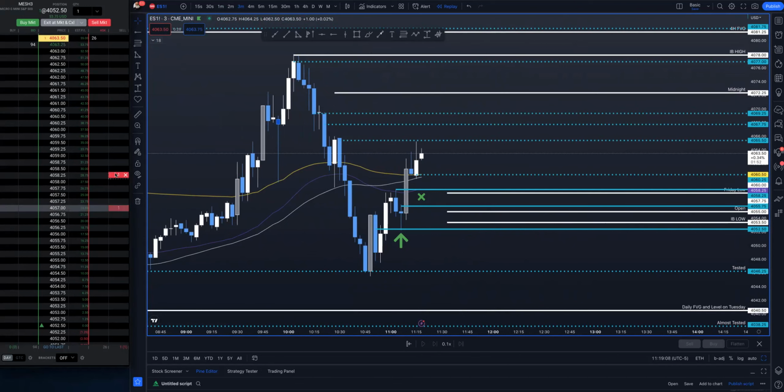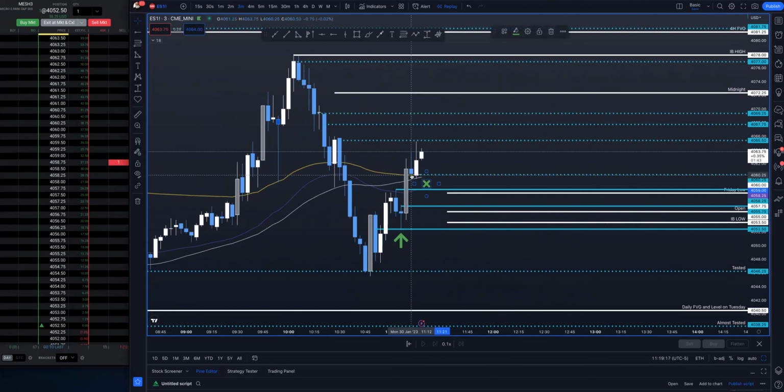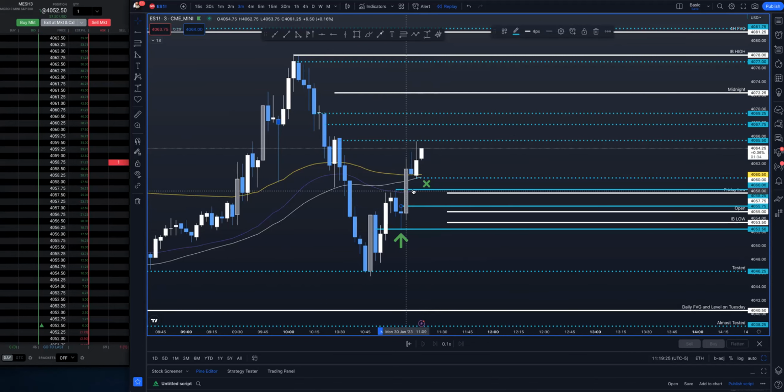Thought I'd lock in 6 points. So I'm going to go 1 point behind this ladder point here. That puts me behind the VWAP and the 144, a very comfortable place to have your stop.